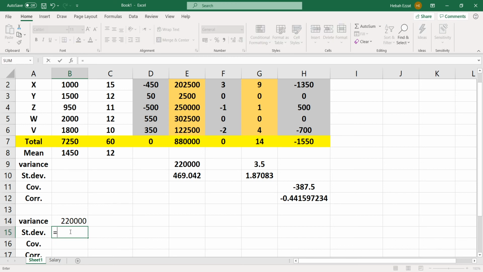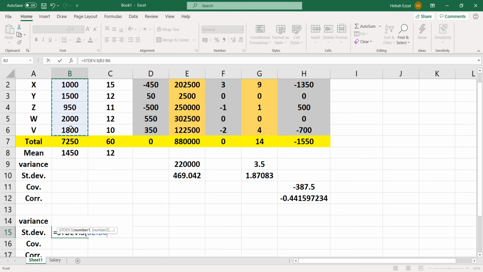For the standard deviation, I can do it in two ways. Either I can find the square root, the sqrt function, of this value, and you can see again it resembles the one we have calculated, or I can write stdev.s, where dev refers to standard deviation and s to the sample.